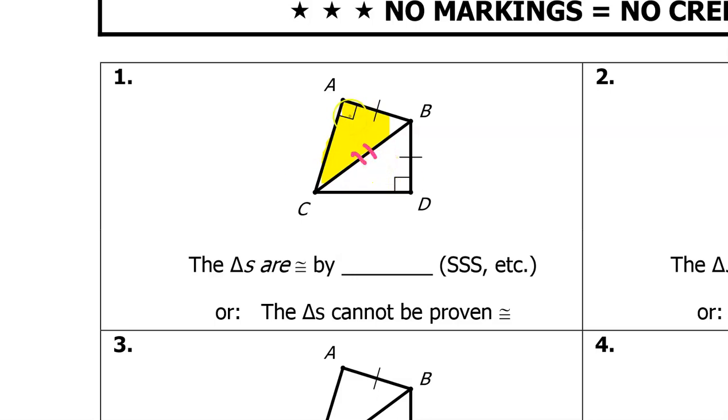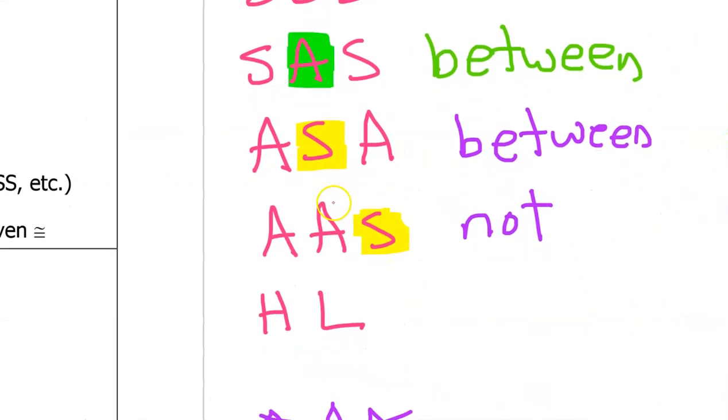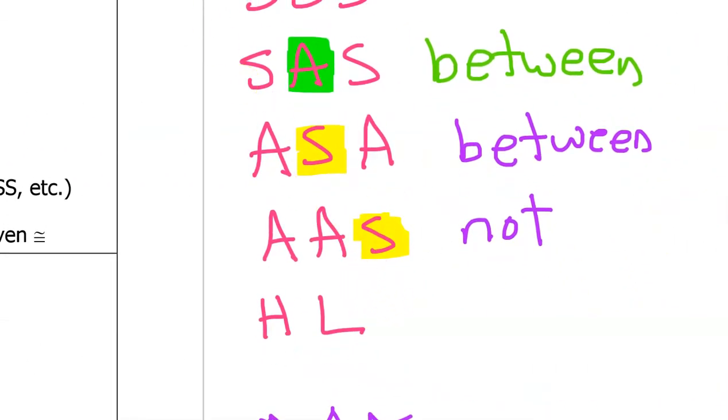I see that we have 2 sides and an angle. Actually, because this is a right triangle, the first thing we're going to do is ask ourselves, will this be hypotenuse leg? Because hypotenuse leg is for right triangles only. Now that doesn't mean that when you see a right triangle it will automatically be hypotenuse leg, but that's the first thing you should check.